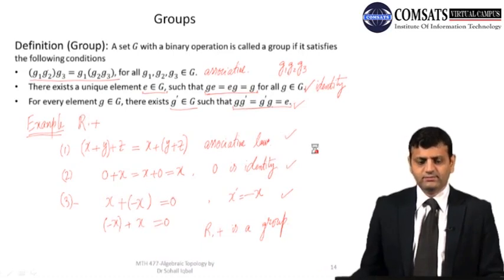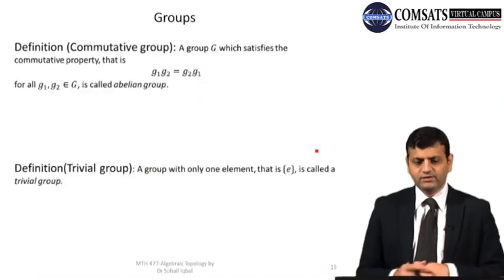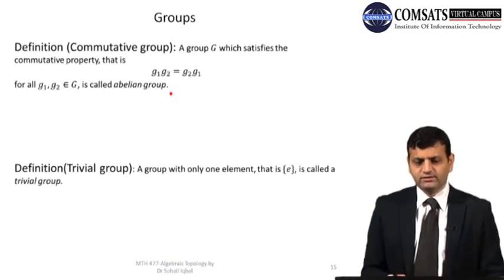Similarly, we can find other examples as well. So what is a commutative group? A group G which satisfies the commutative property. What is the commutative property? G1 times G2 is equal to G2 times G1. This group is also called an abelian group.